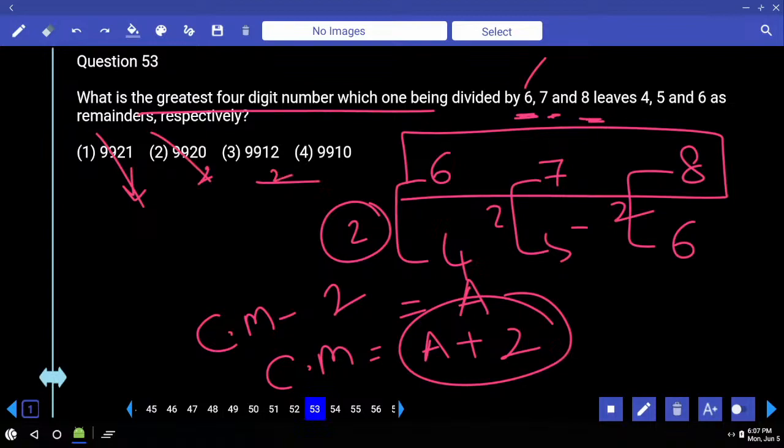If we add 2, this is not a multiple of 3. If we add 2, this is a multiple of 3, as well as 8. Okay? Right, that is the answer, option 4. We need not find out the common multiple for 6, 7 and 8. It is a waste of time.